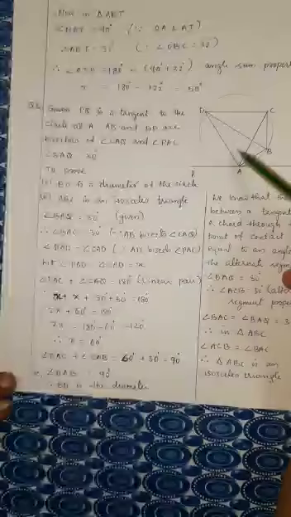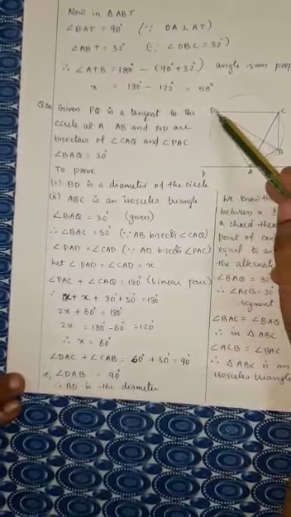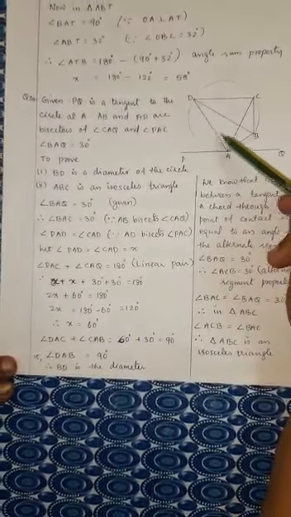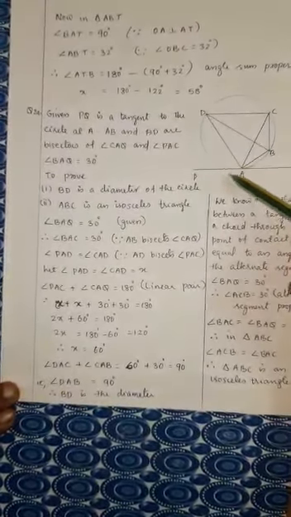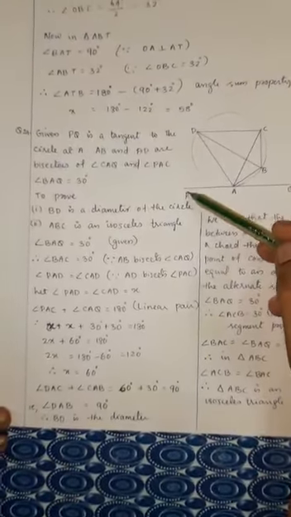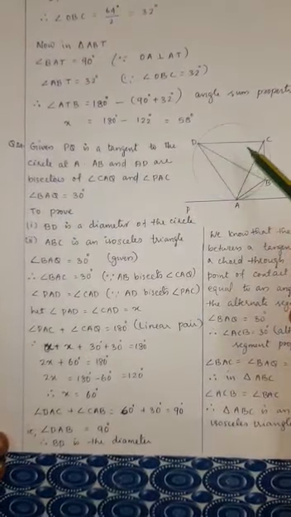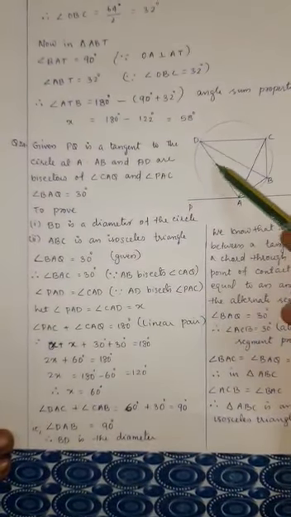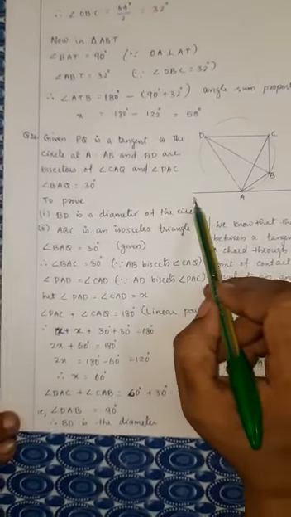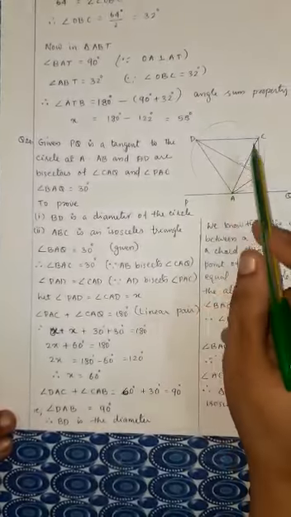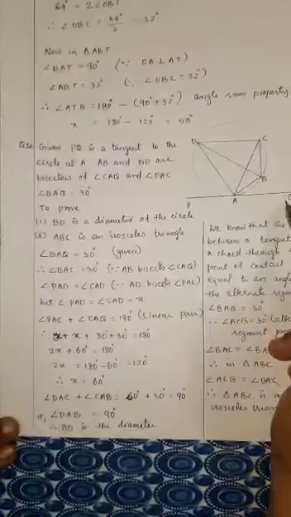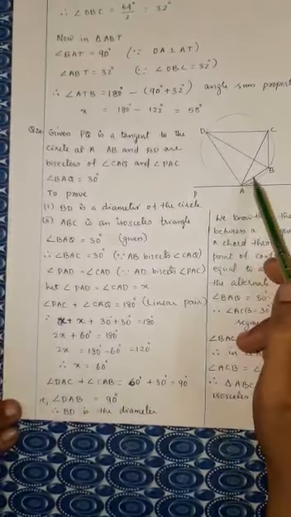Now, angle PAD equal to angle CAD since AD is the bisector of angle PAC. Let angle PAD is equal to angle CAD equal to x. Now, angle PAC plus angle CAQ equal to 180 degree, linear pair.